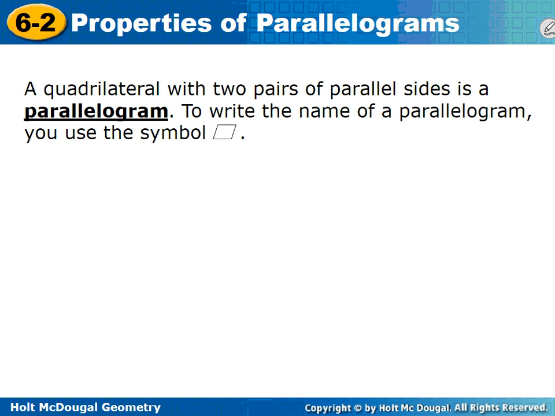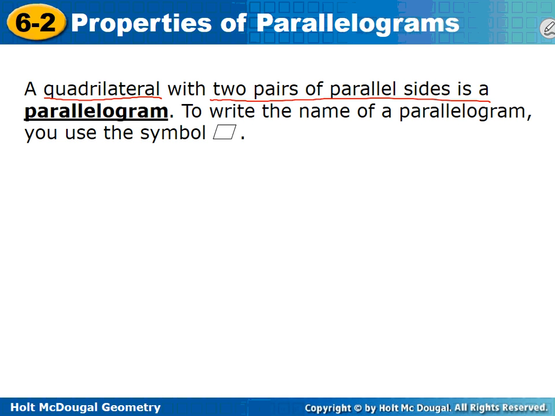So a parallelogram is, first of all, a quadrilateral. But it has what? What makes it a parallelogram? What does it say? Two pairs of parallel sides. So the definition for a parallelogram is it has two pairs.